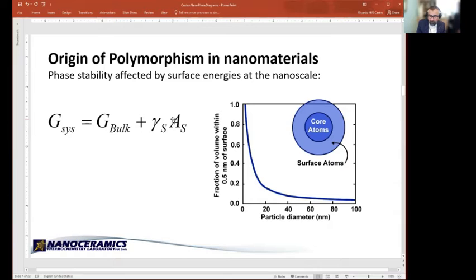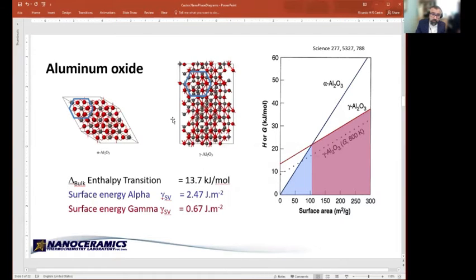So what you realize is that in certain cases, you get into interesting situations where at the nanoscale, you can have a crossover of energies. What do I mean? Let's take a very classical example of alpha alumina and gamma alumina. Alpha alumina is a corundum phase, a hexagonal crystal, as you can see here, beautiful.